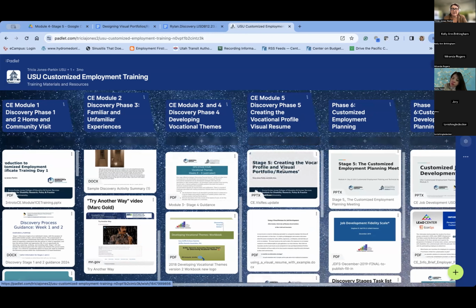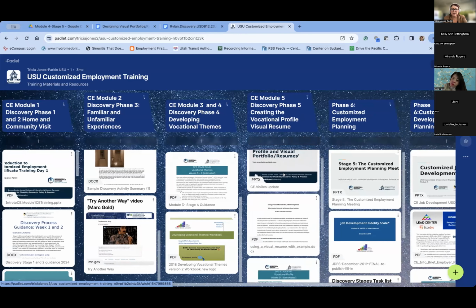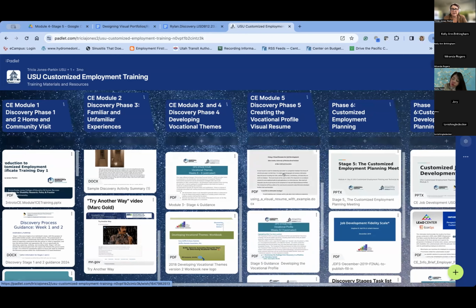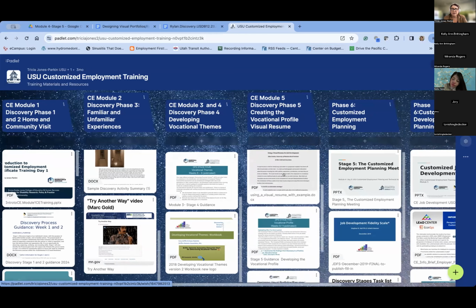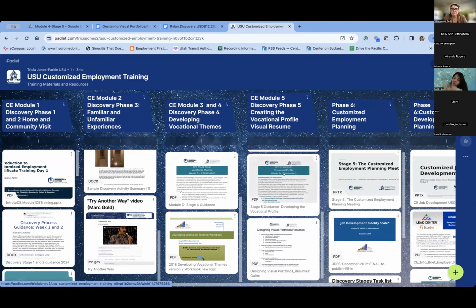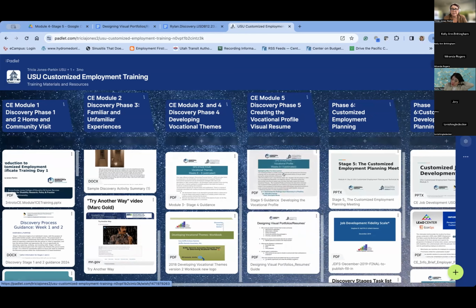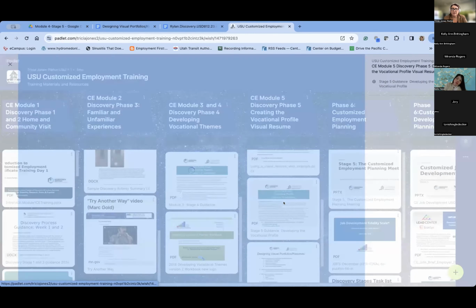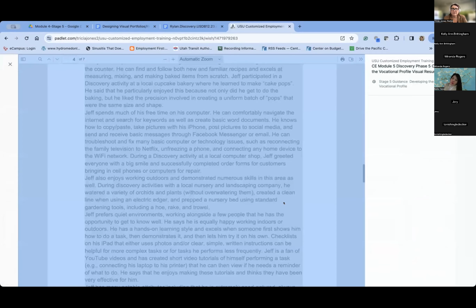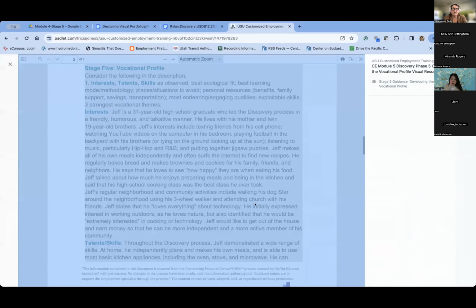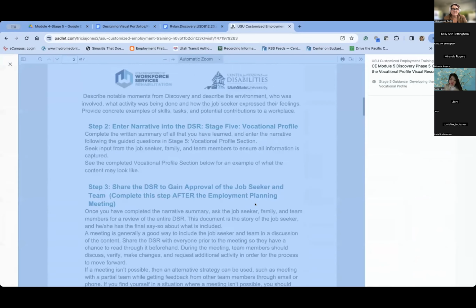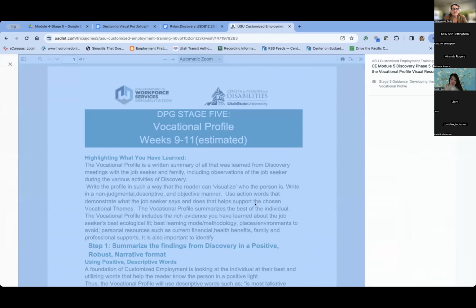So here is the PowerPoint for today. And then here's some additional resources about doing the profile, developing visual resumes. Okay. So this one, I don't know why it does this. Like, it doesn't really want to load, right?